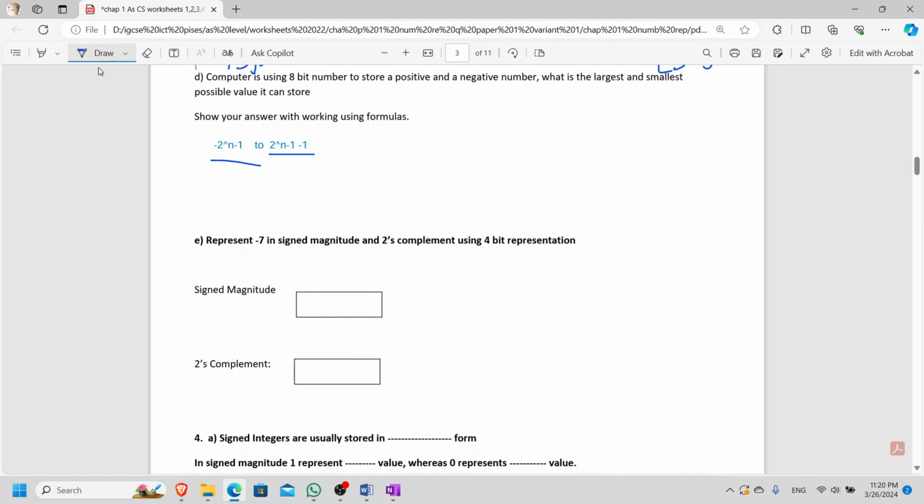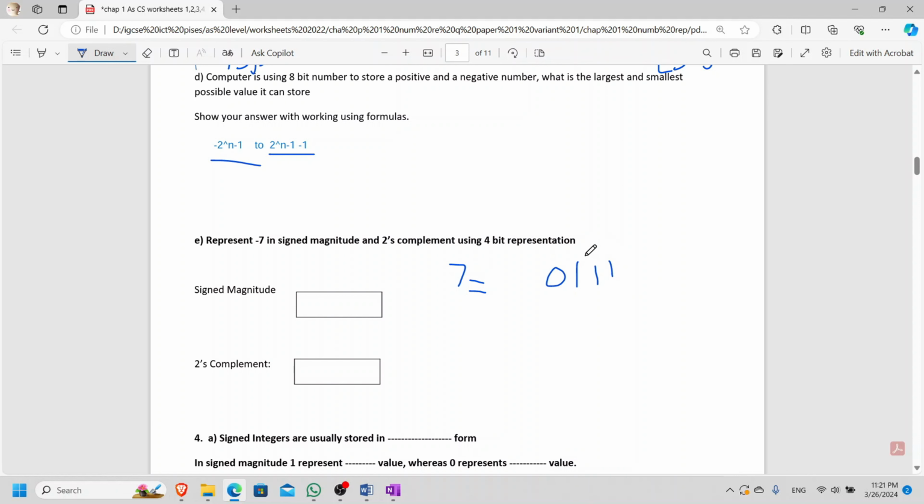Next question, represent minus 7 in sign magnitude and 2's complement. Two parts. First you have to represent minus 7 using sign magnitude. In sign magnitude, if you remember, the first digit is used to represent the sign of the number being represented. What is the equivalent binary value for minus 7? Let's consider 7. 7 can be represented using this value. How?